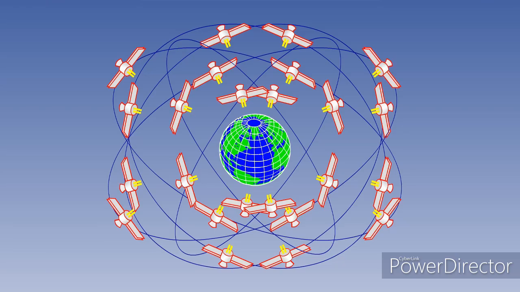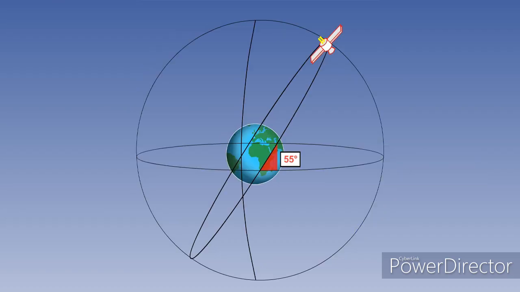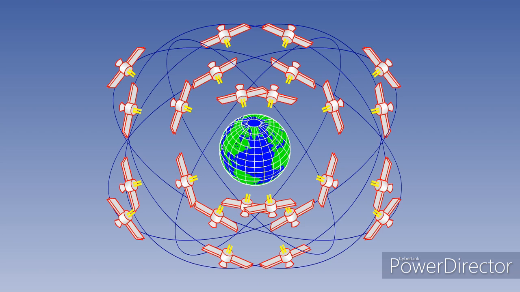The orbits have an average height of 20,180 kilometers, an orbital period of 12 hours, an orbital plane inclination of 55 degrees, and they are equally spaced around the equator.